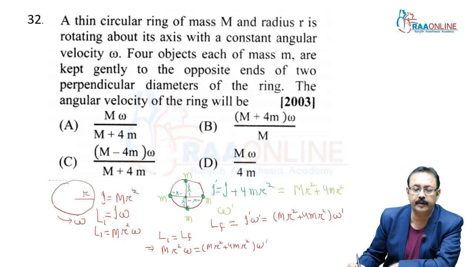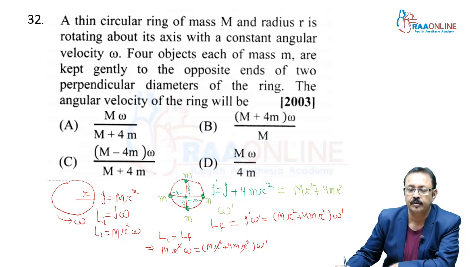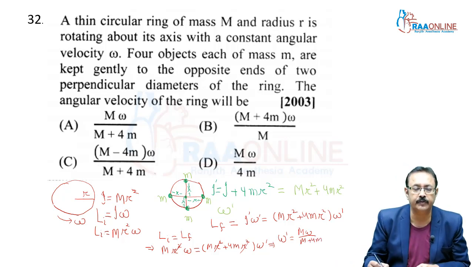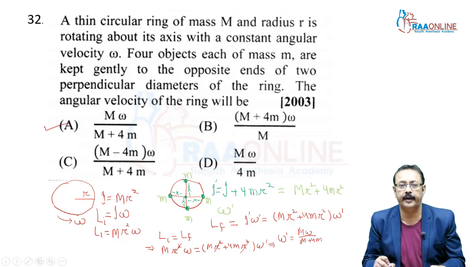Cancel r square from everywhere. Take common and cancel it. So what you are going to get? Omega dash is equal to M omega divided by M plus 4m. So we are going with A.